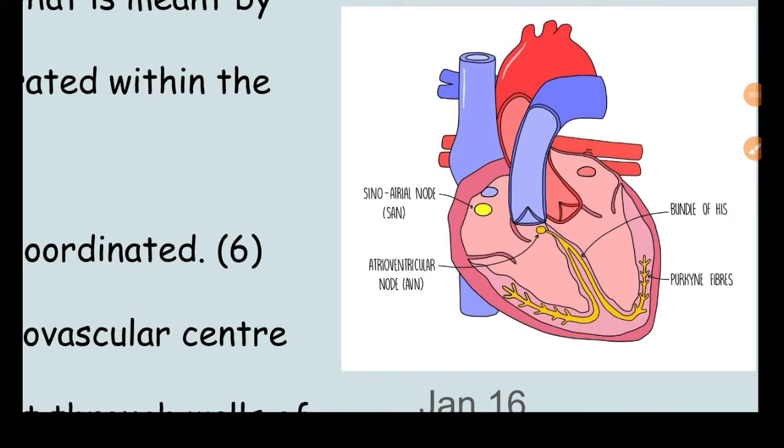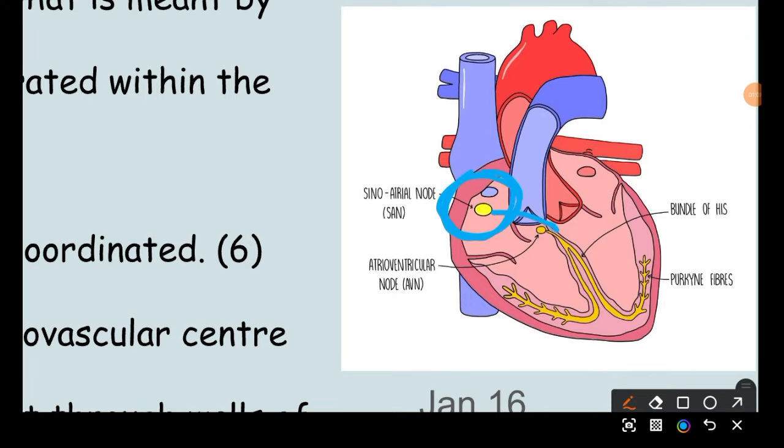So the first initiation, the wave of depolarization, is initiated here in the SAN, and then this causes the atria to contract. And after a short delay, the initiation goes over to the AVN, which causes the ventricles to contract. And then it travels all along the heart. There is a slight delay, and then the ventricles contract.